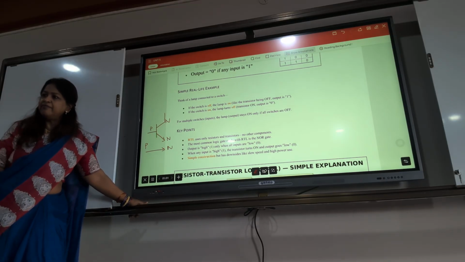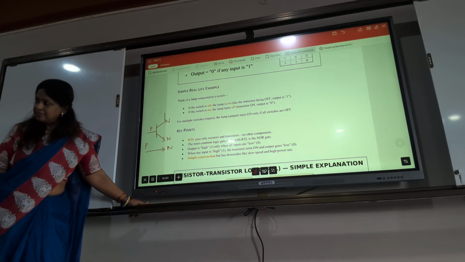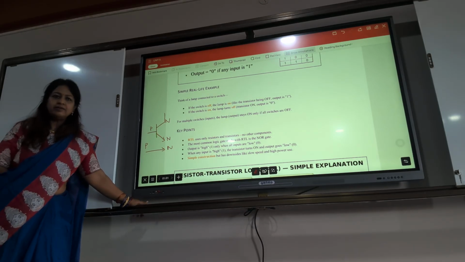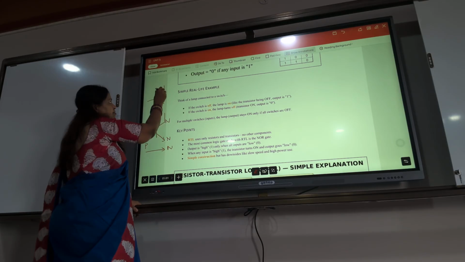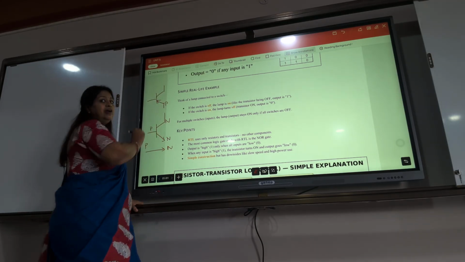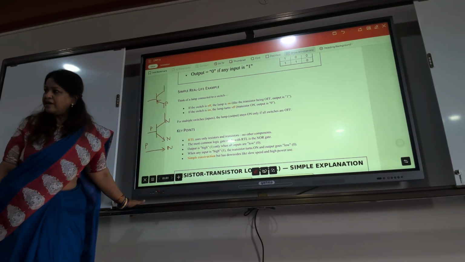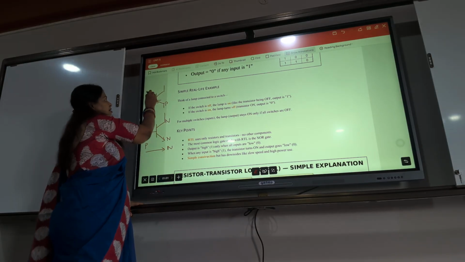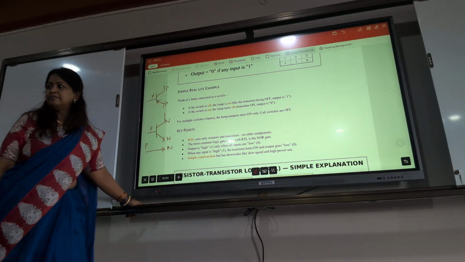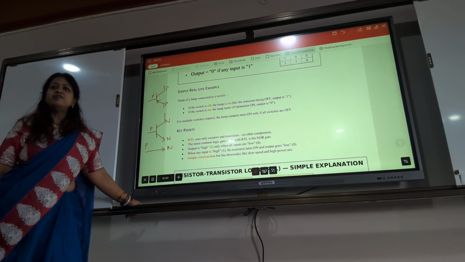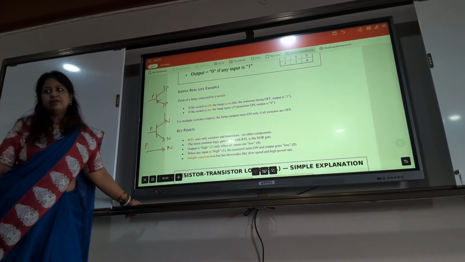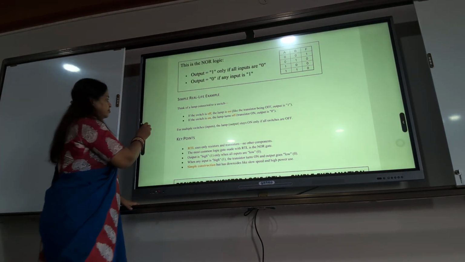Always the arrow will be from positive to negative, high to low. Okay, remember like that. So whenever you get a symbol like this, what is this transistor? Mark P from where the arrow starts. Then the remaining decides PNP or NPN, based on where the arrow starts. Now it will be easy for you.